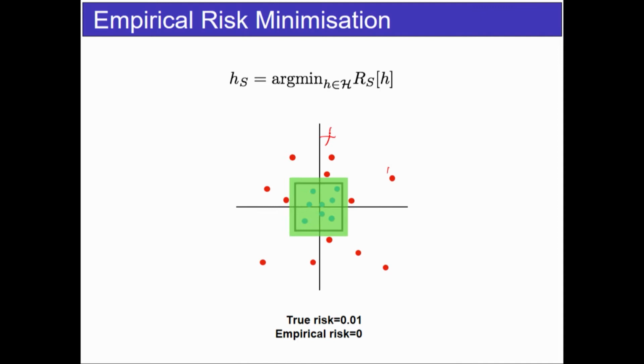Yeah. What will happen if there is one blue dot outside? Will it try to cover it? Yeah, this algorithm is defined even then. So you are saying, what if there is a blue dot here? Even then, it will try all possible rectangles and find the one which has the minimum risk. But it will no longer be 0. There will no longer be a rectangle which has an empirical risk of 0.